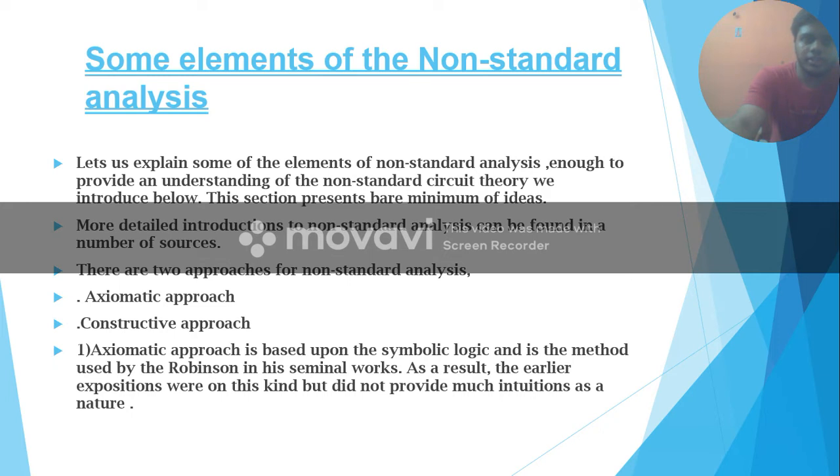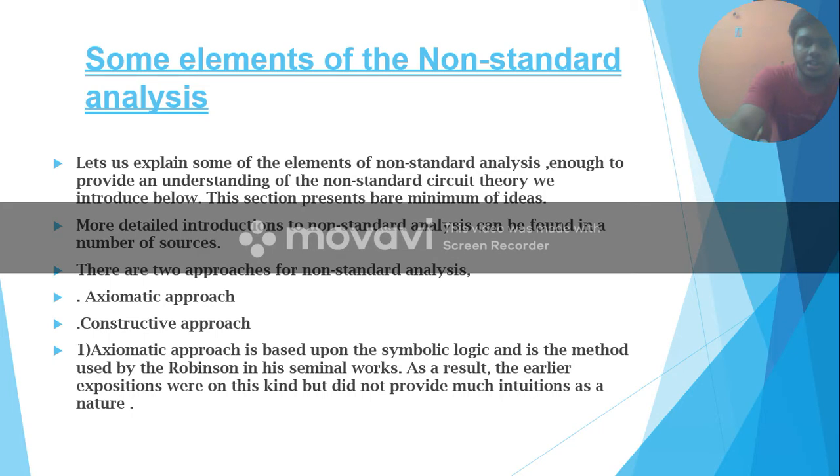It is related to the current theory, and mainly to the electrical ones, and it consists of two types of approaches: the axiomatic approach and the constructive approach. The axiomatic approach is based on symbolic logic, and it is the method used by Robinson in his seminal works.